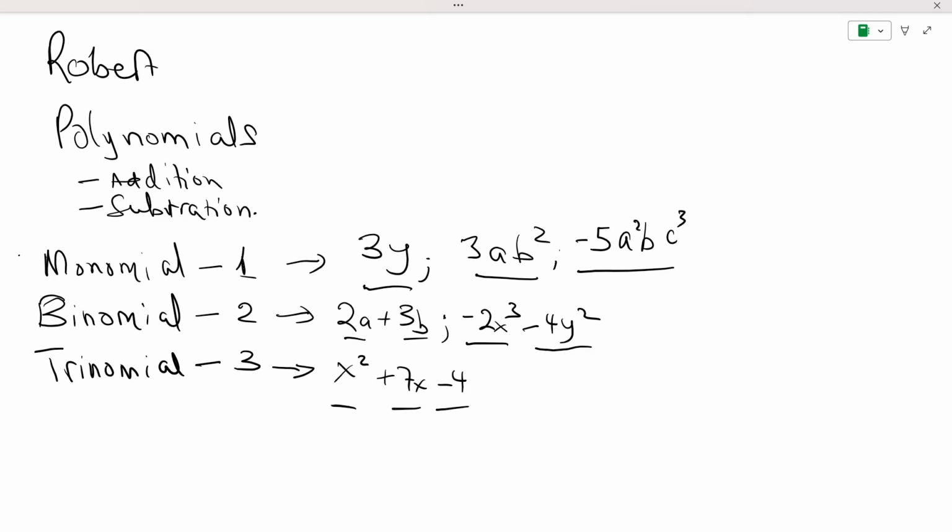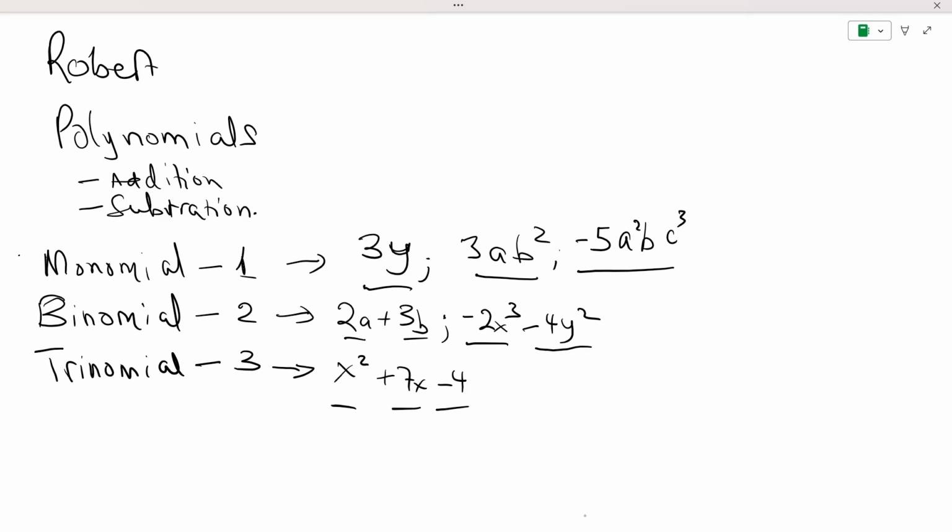Now, the degree of a polynomial is the degree of the term in the polynomial with the highest degree. For example, the degree of this monomial, 3y, is 1 because the power of y is 1.